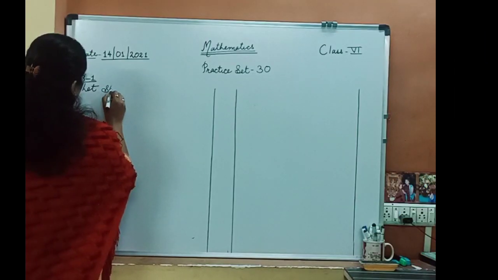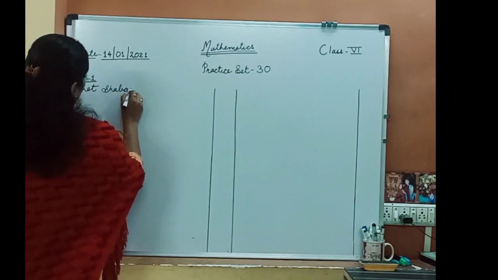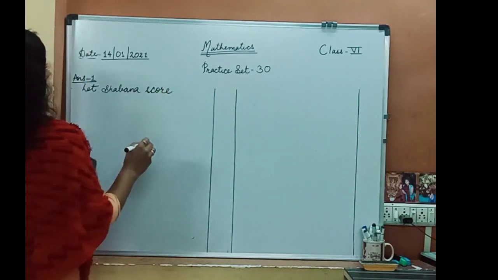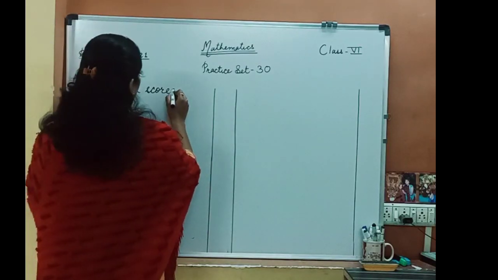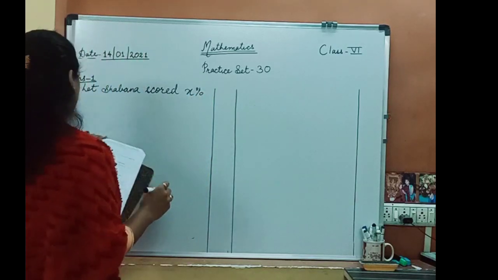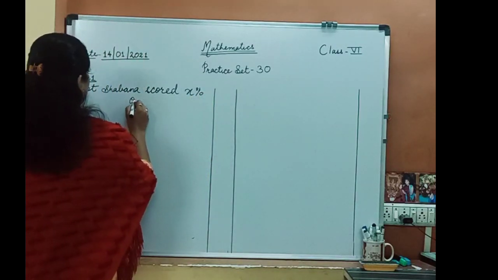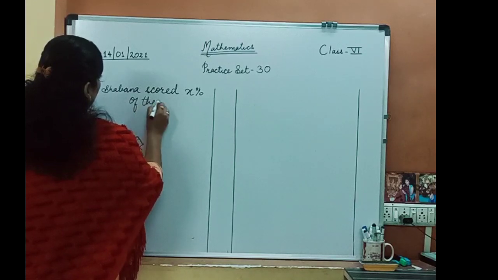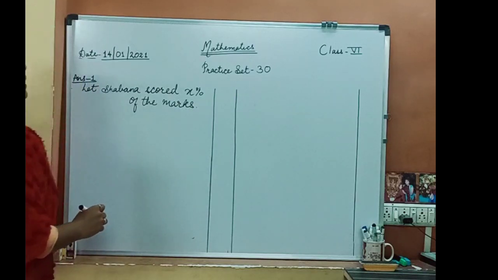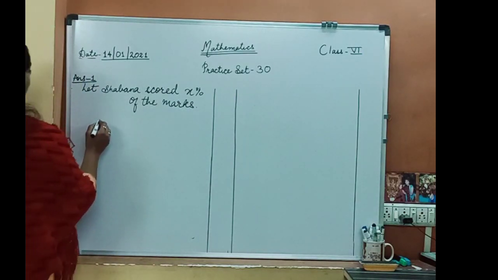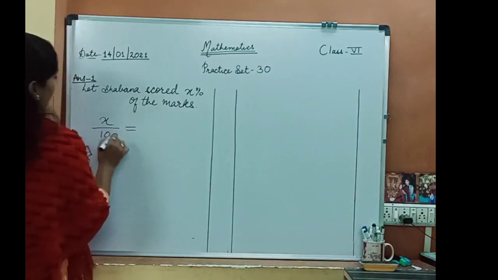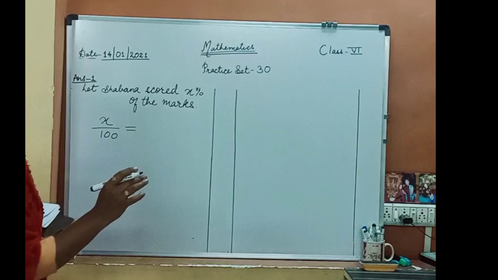Shabana scored X% of the marks. Let us consider that she got X%, which means X upon 100. So that we can find out the percentage. So how much did she score?